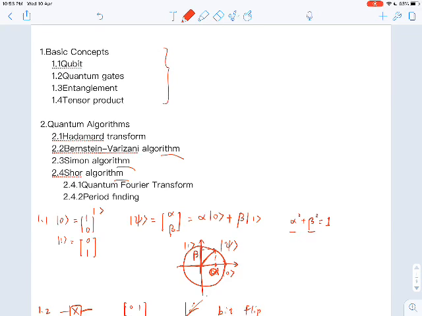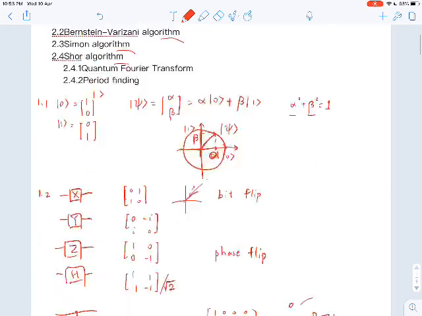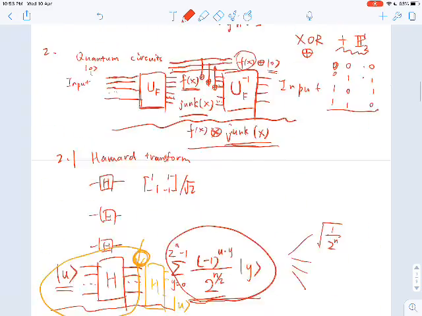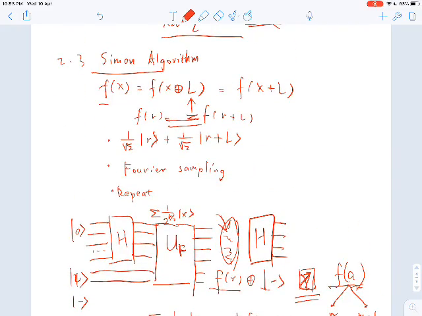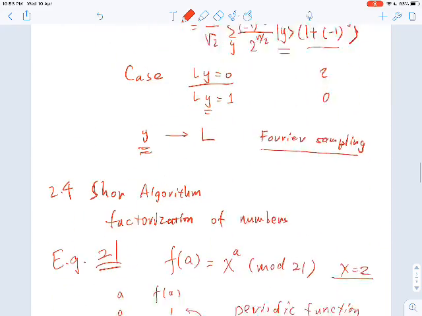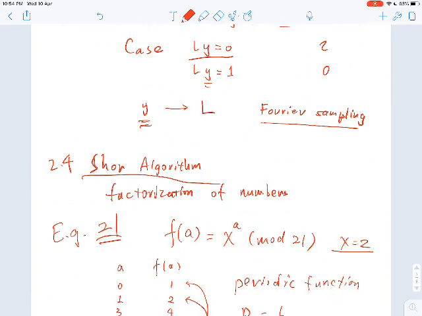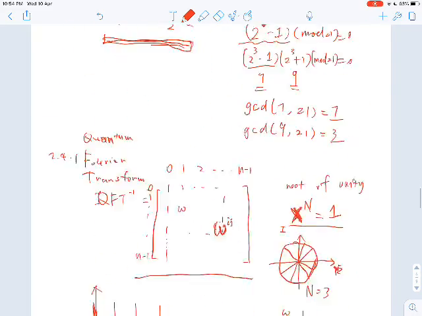And we also show the algorithms in detail, the mathematical form of each algorithm, although they are seemingly difficult.